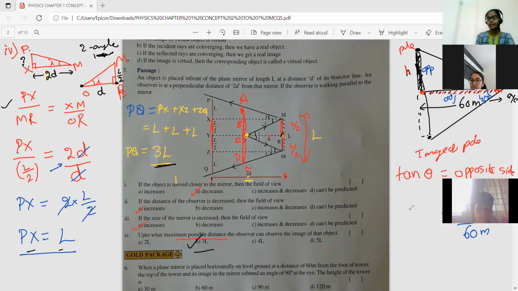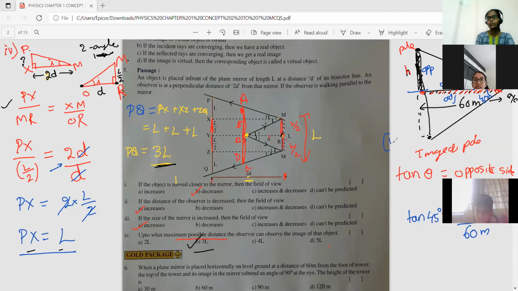Next, tan theta. In place of theta, here we take 45 degrees. Don't take 90 degrees, because 90 degrees is from the mirror end to the pole end again, but we want to find only the height, not the height of the image. So tan theta means tan 45 degrees. The value of tan 45 degrees, I think you have learned in maths.